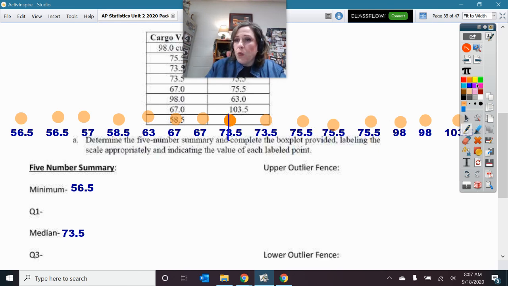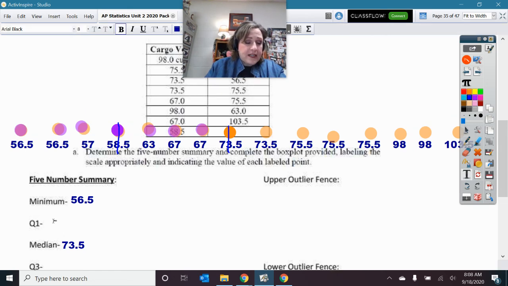That means when I look at trying to find the middle for the Q1, I'm going to go like this. There's the bottom, and then 67 is the top of that bottom half. Then bottom and top, bottom and top, and then ding, ding, ding, there I have my Q1 at 58.5. So that's how we identify that Q1.